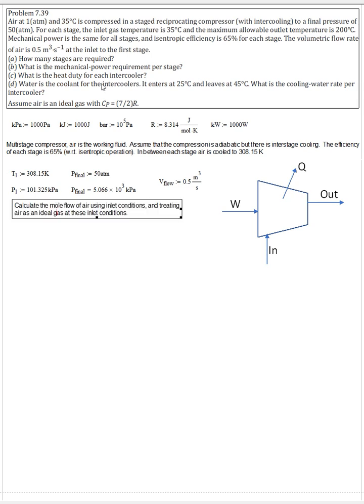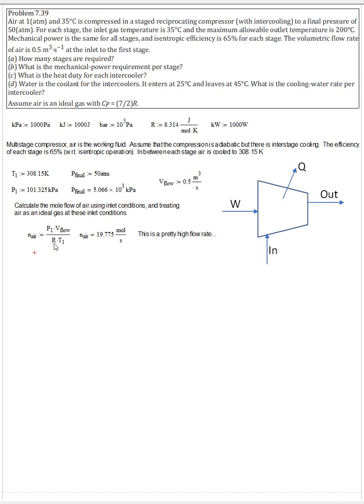The first thing I want to do before I get started is calculate the power based on the air flow rate. We've got a volumetric flow rate given to us, so I want to convert that, either to a molar flow rate or a mass flow rate. I'm going to leave it as a molar flow rate, and it's nice that we were told this is an ideal gas. This is based on the inlet conditions, so I'm going to calculate the moles flowing in at the inlet.